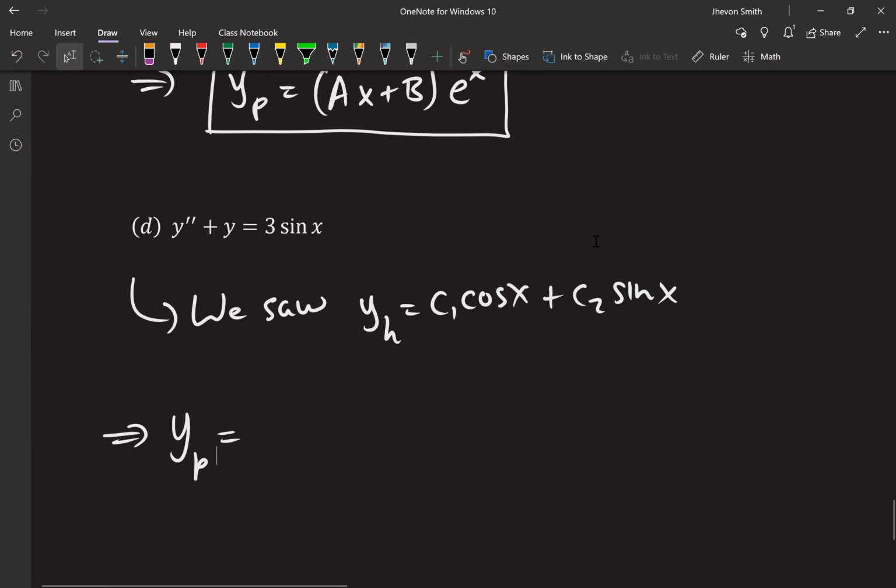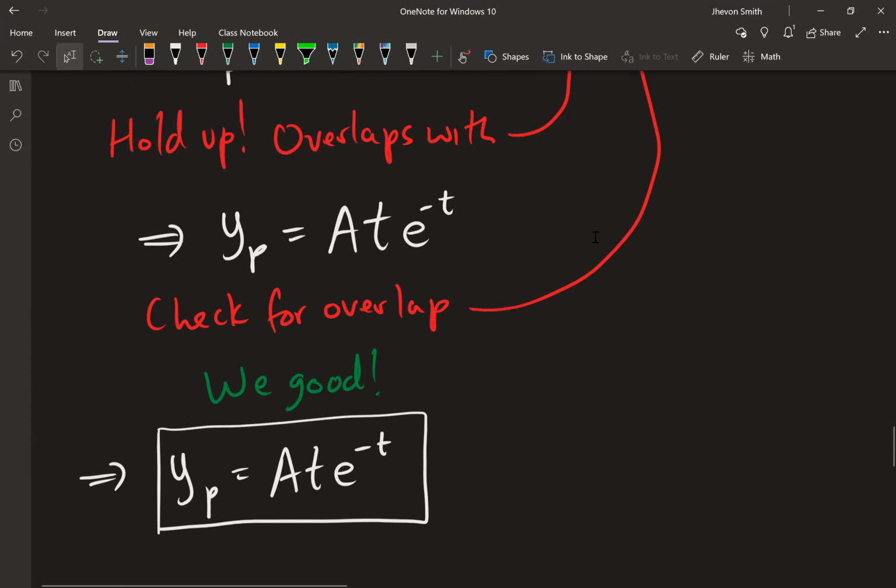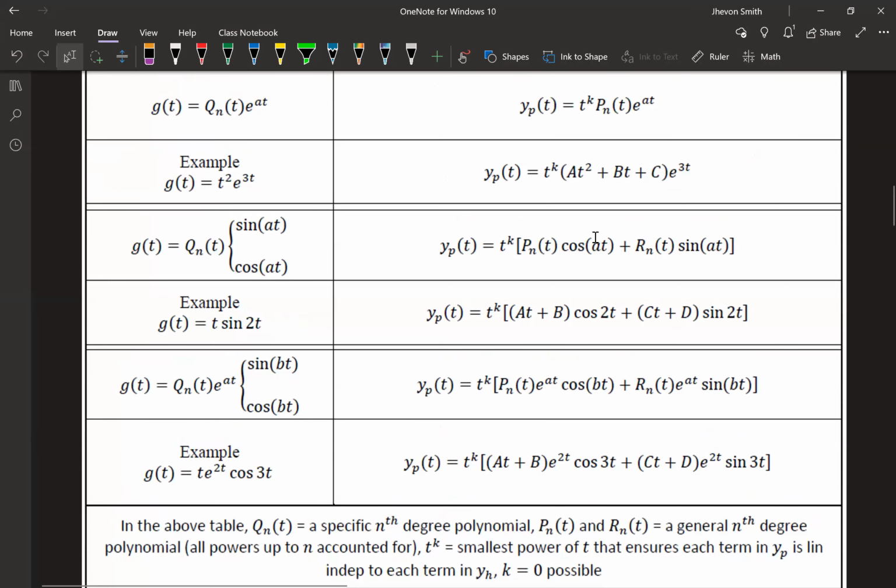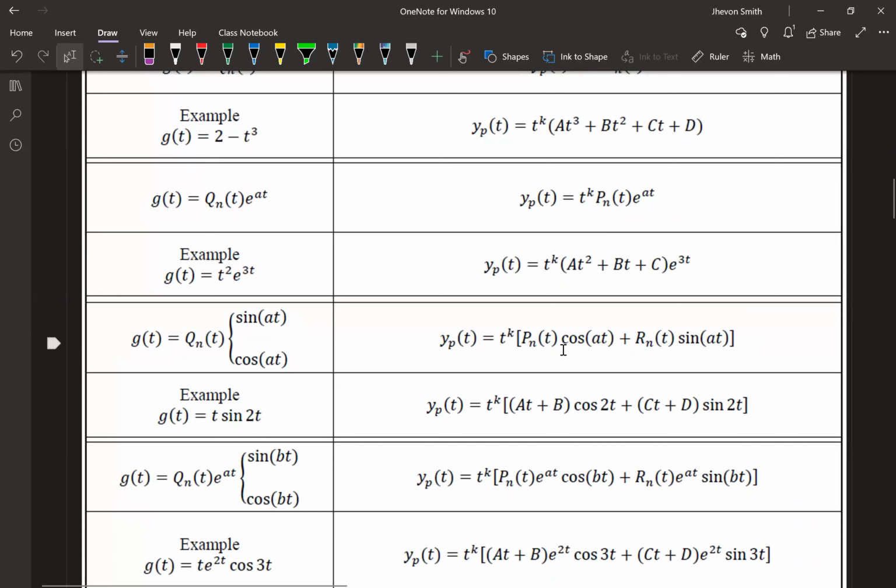Okay, your second guess is closer, but not quite. So this is what we want to make sure we understand, this table. Look over here. If I have a polynomial times a sine or a cosine, and I'm guessing, notice that I have Pn of the cosine plus Rn of the sine, which means I cannot assume that the coefficients are going to be exactly the same polynomial.